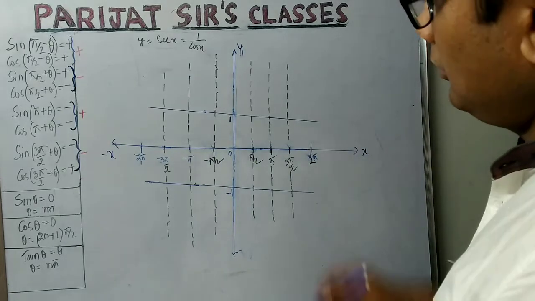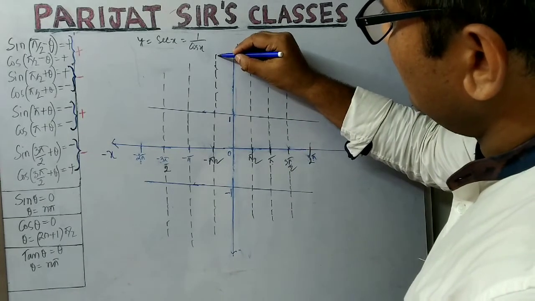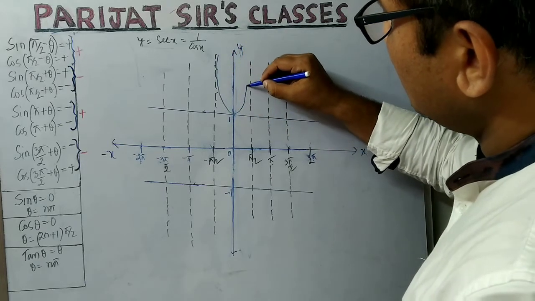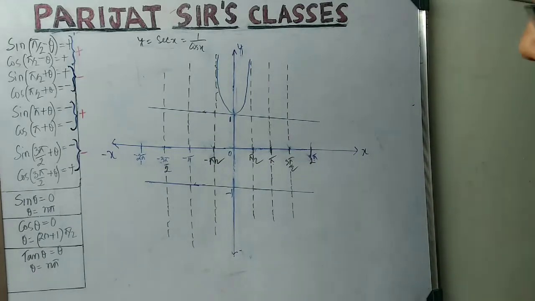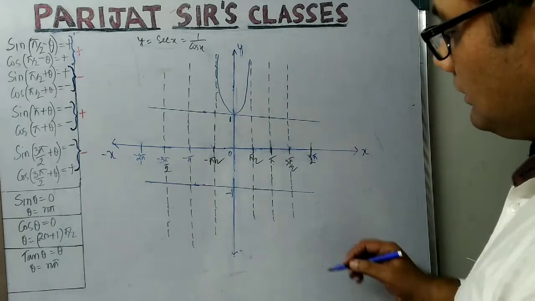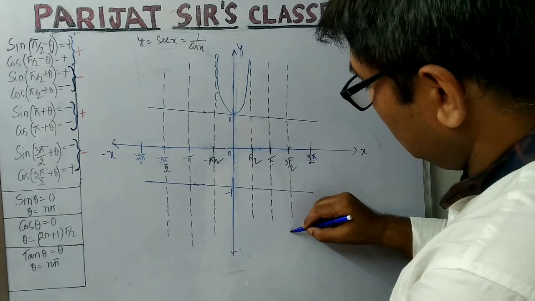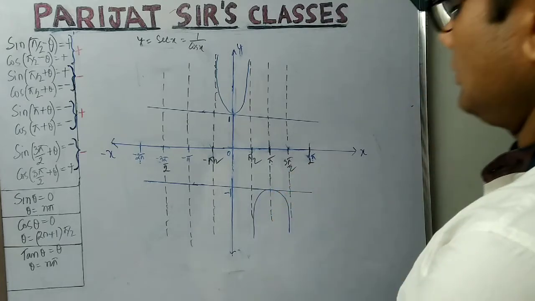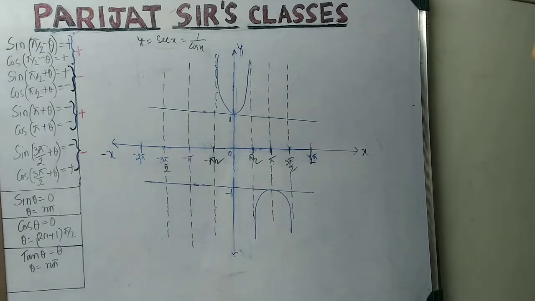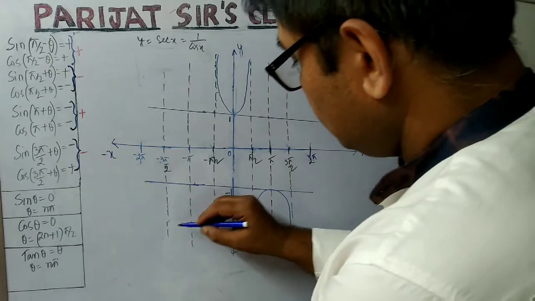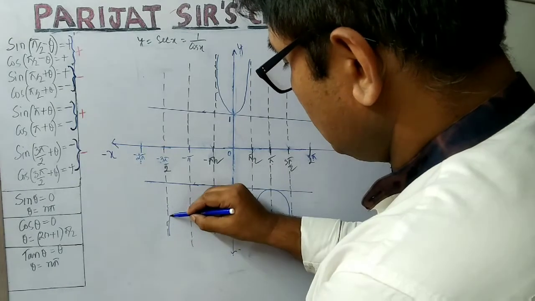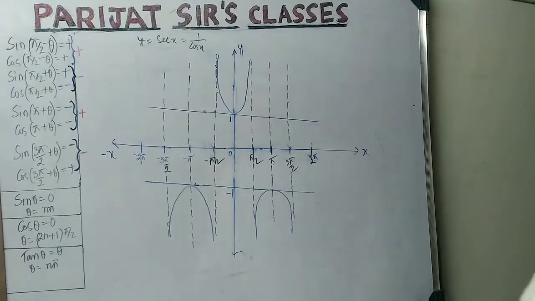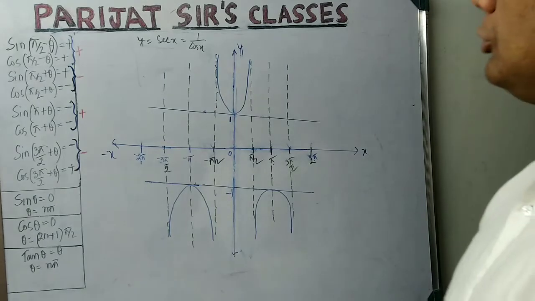When you plot, first let me plot it, then I will explain how I am getting the graph. Okay, so now my graph is complete, and now let me show you.